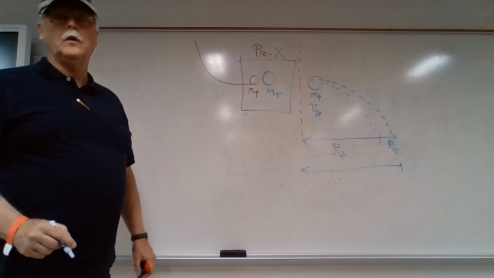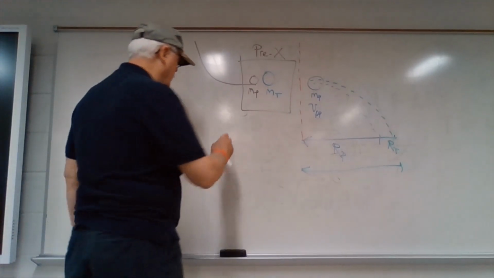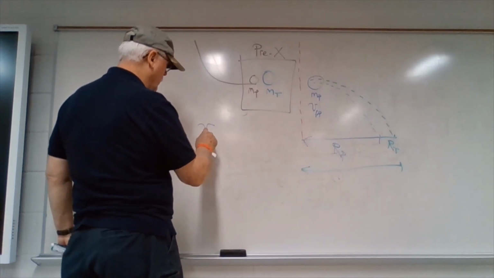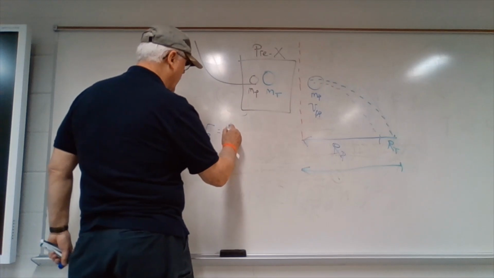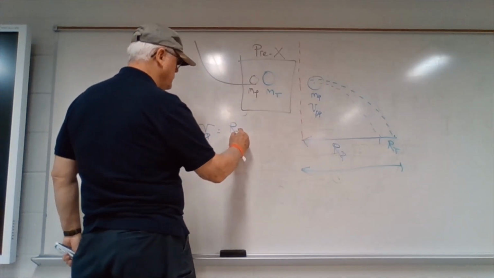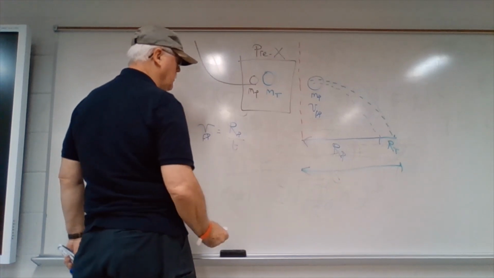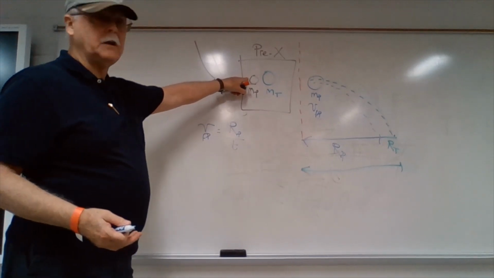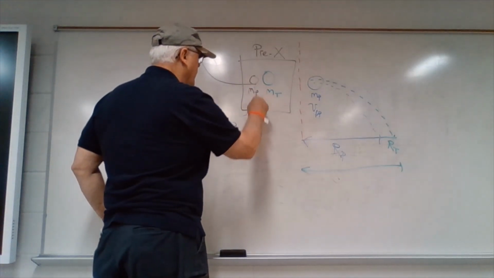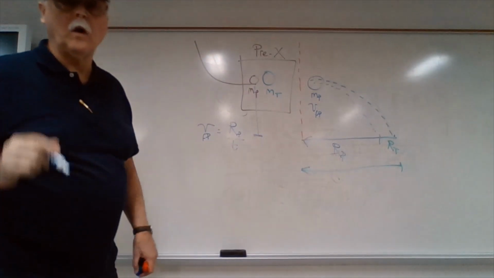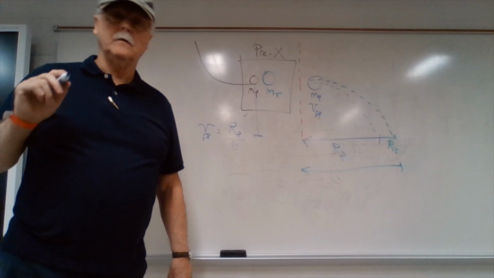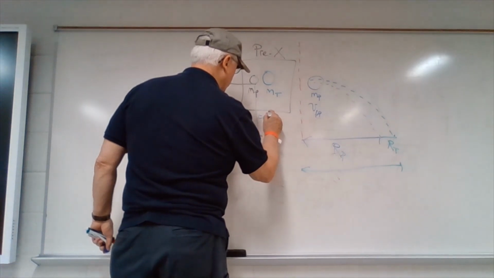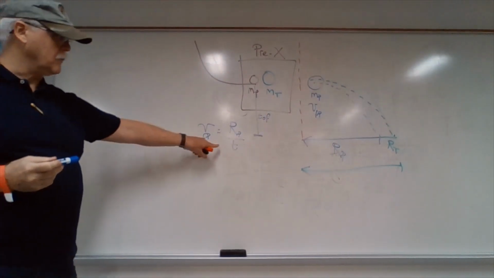And just like we did with the control variable, we say V final of the projectile equals range of the projectile divided by time of flight. Now, where'd I get time of flight? It's the same exact height from here to there as it was when we did the control variable. So if you were smart enough to remember to write down the time of flight, you've got it right there.